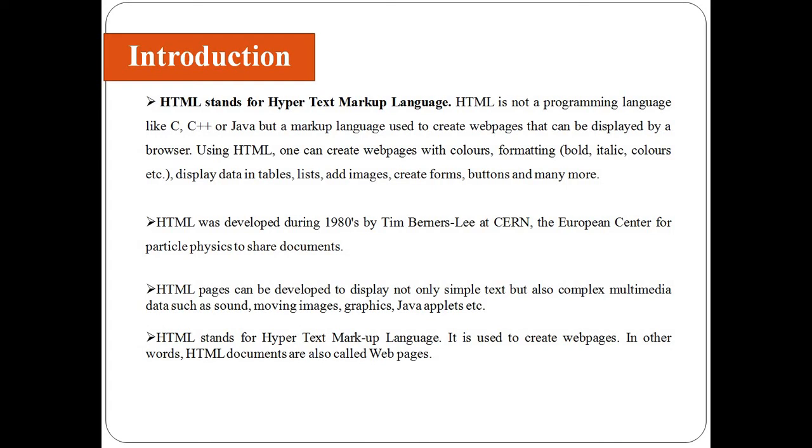For example, if you open any web browser in Google, some web pages have data scrolling from left to right, and at the bottom you may see many videos displayed with sound. On the left corner it displays some color formatted data. Pages like that are displayed with the help of HTML, Java applets, JavaScripts and moving image graphics. By using all these concepts you can create wonderful HTML pages.